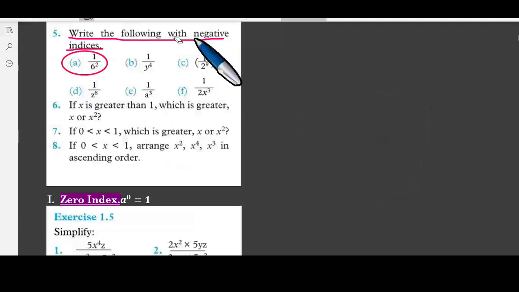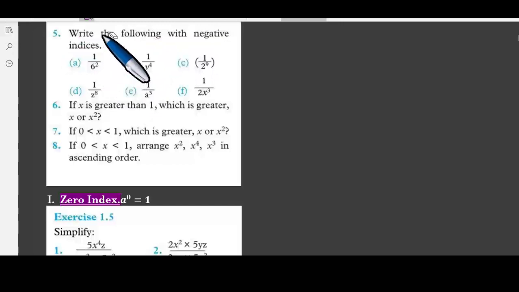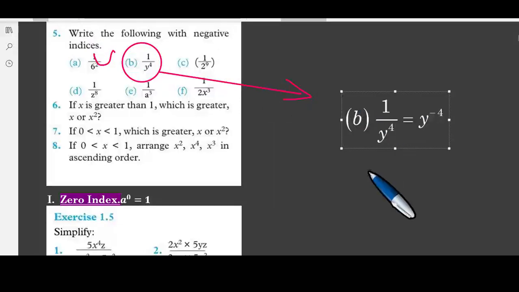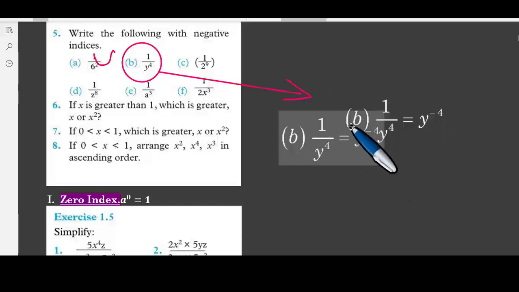Now let's solve B. B is like A. It's very easy to solve all of these problems. Simply write with negative indices. Very simple.